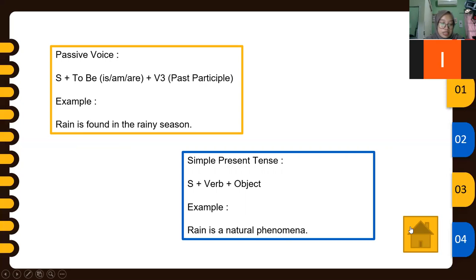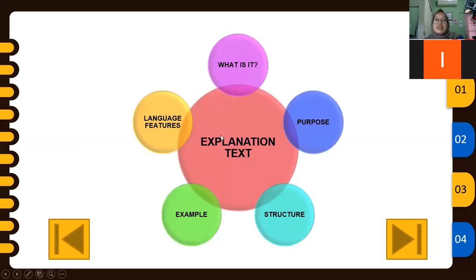Alright, good job, students. Do you understand explanation text? Yes. Explanation text is a text which tells processes relating to the forming of natural, social, scientific, and cultural phenomena. And how many generic structures of explanation text? 3, yes. The first one is general statement, sequence explanation, and conclusion. Okay, how many language features of explanation text?